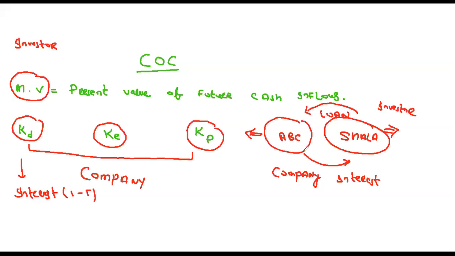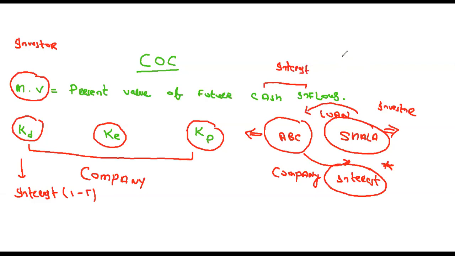What is the investor getting in return? Interest. So if we take the present value of interest, that will be the market value, because the cash inflows for the investor are the interest he will receive.